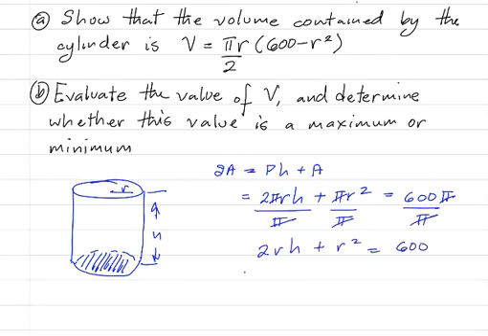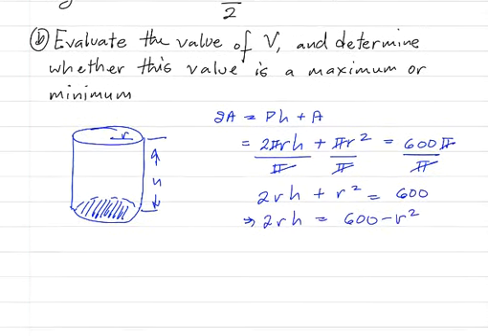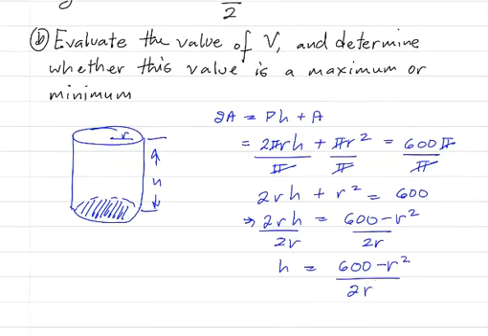Therefore, 2rh is equal to 600 minus r squared. Divide both sides by 2r. We get h is equal to (600 minus r squared) over 2r.